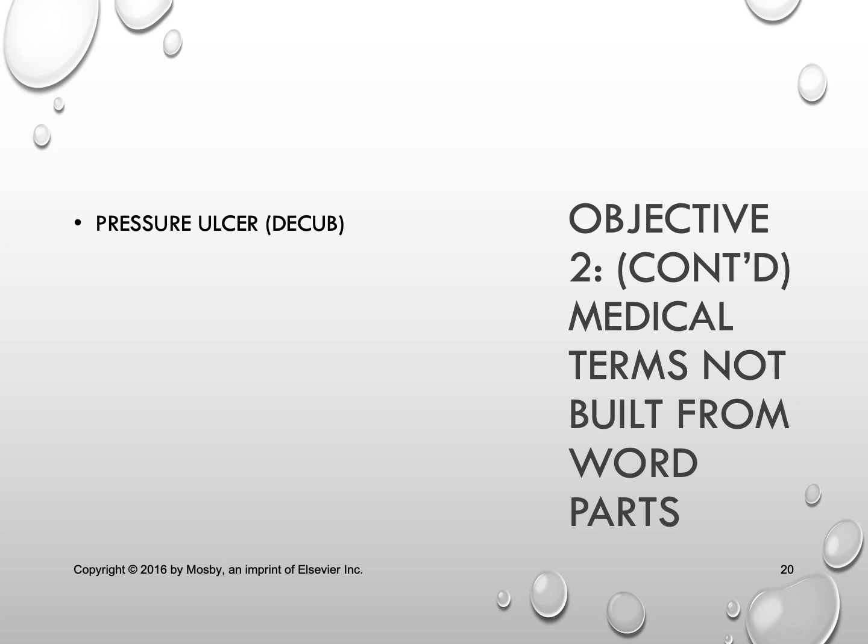A lot of times we also call that a decubitus ulcer, and these pressure ulcers, a lot of times we see them on these little frail people that can't really ambulate well, and so they're spending a long time laying in bed, and that pressure on those bony prominences can lead to a breakdown in the skin and the underlying tissues. We call that a pressure ulcer or a decubitus ulcer, or the layman term is a bed sore.